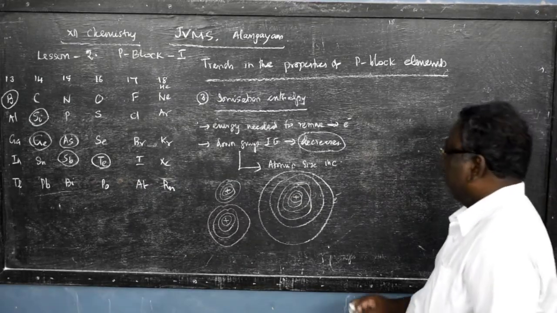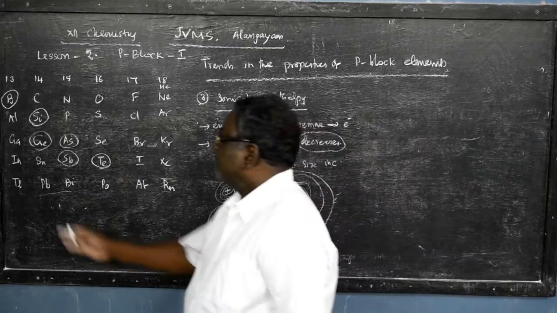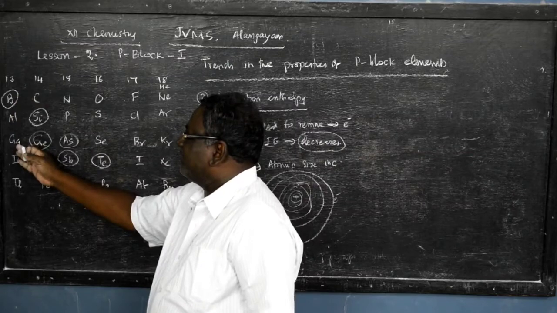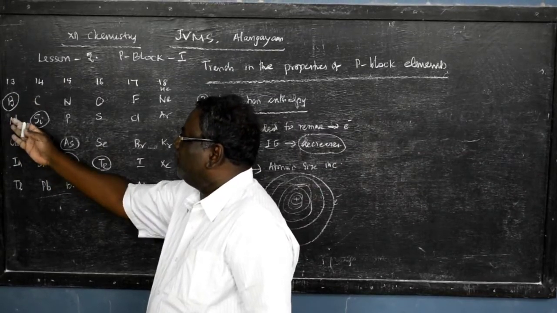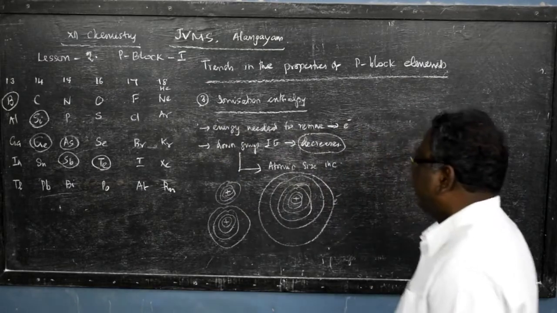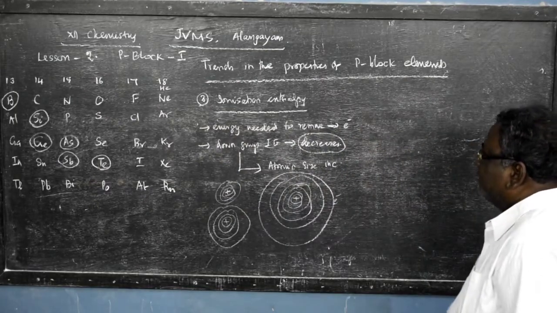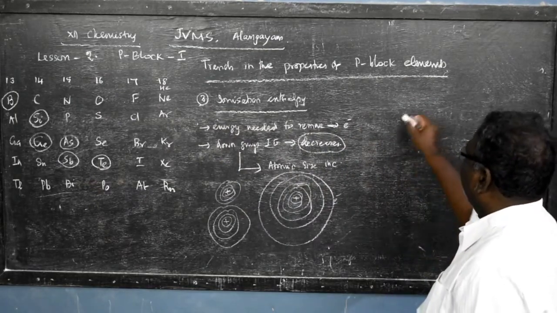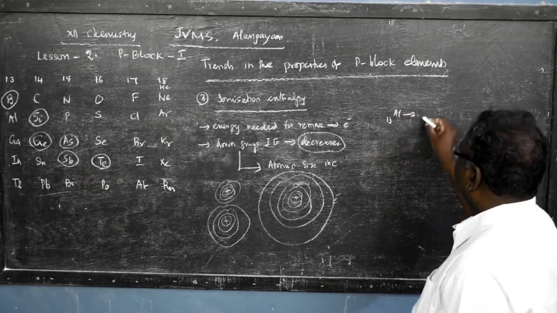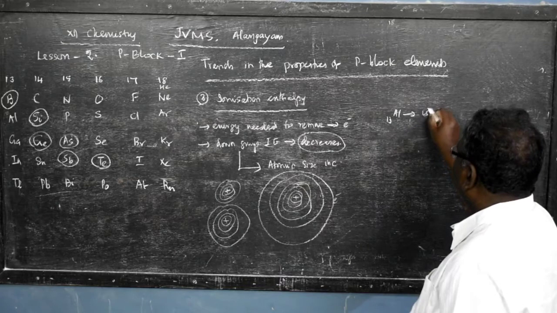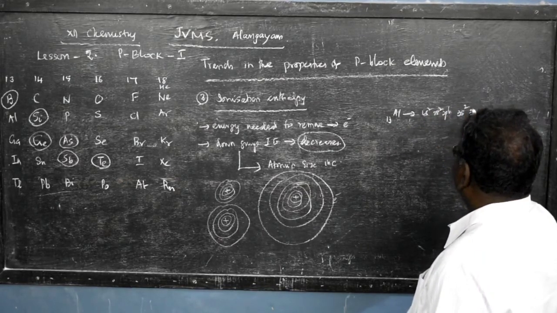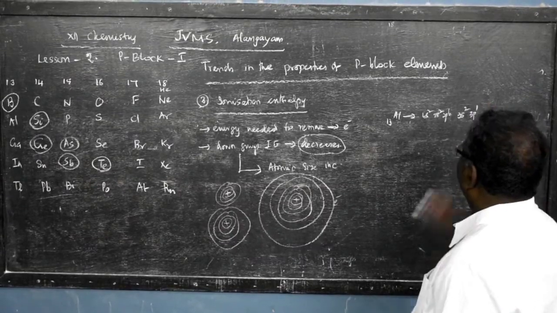However, in the 13th group, the decrease is not so much when you go from aluminum to gallium. There is a slight difference. Aluminum has atomic number 13, so its configuration is 1s2, 2s2, 2p6, 3s2, 3p1.